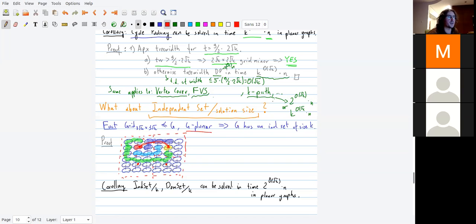So again, by the same principle, I approximate treewidth. And if that treewidth is larger than, say, 100 square root k, then this means that yes, I am able to find an independent set of size k by this argument. Or if the treewidth is at most 100 square root k, then what I do, I run DP on a tree decomposition.